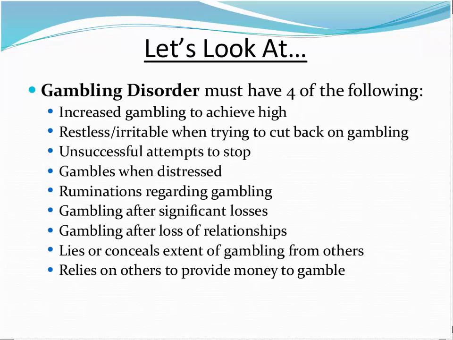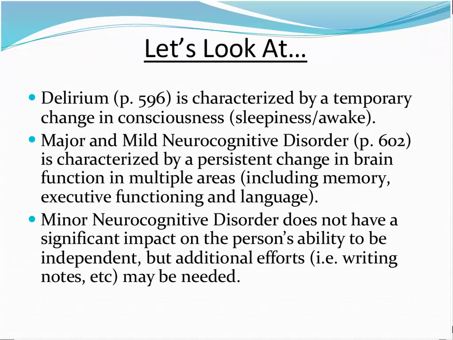It is important to also remember, though, that problem gambling may be part of a manic episode or part of a personality disorder. There are other diagnoses, so it is important to look if this behavior is an addiction or if it is part of another presentation.